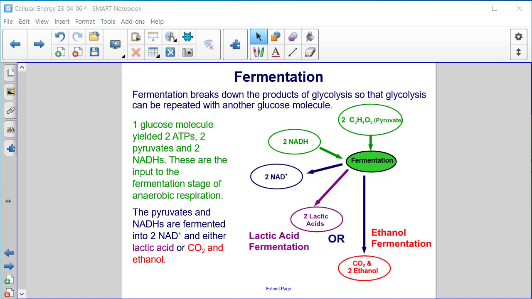One glucose molecule yielded 2 ATPs, 2 pyruvates, and 2 NADHs. These are the input to the fermentation stage of anaerobic respiration. The pyruvates and NADHs are fermented into 2 NAD+ and either lactic acid via lactic acid fermentation or CO2 and ethanol via ethanol fermentation.